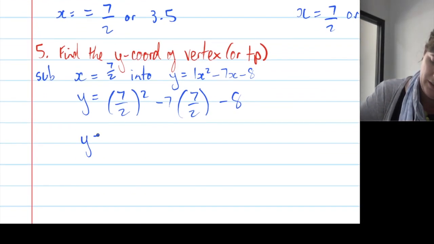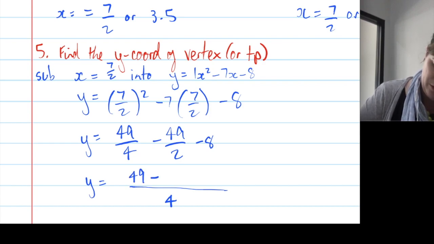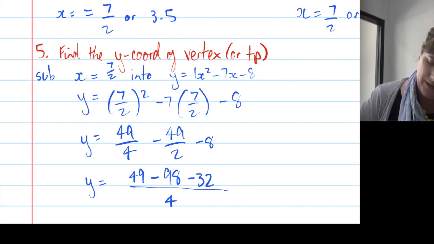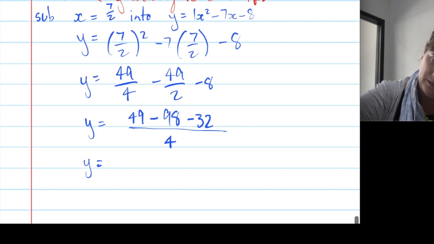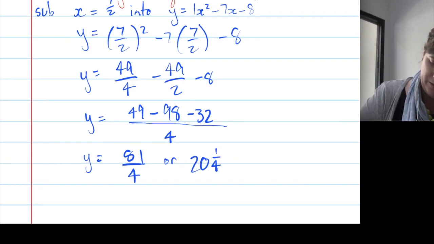Okay, that's 49 on 4 take 49 on 2 take 8, which gives us, if I make everything over 4, then that's 49, 2 lots of 49, 98, and 32. So 49 take 98 take 32. 49 plus 32 gives us 81, minus 98 is negative 17... which gives us 181 over 4, or 20 and a quarter.